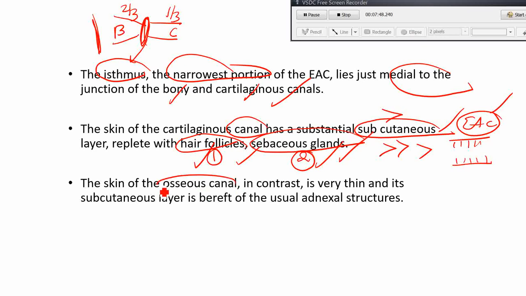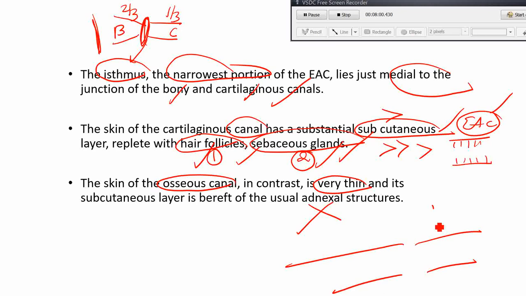The skin of the bony canal is very thin, and the subcutaneous layer is without these adnexal structures. So the cartilaginous EAC is 1/3 and the bony EAC is 2/3. Here there are hairs, and here there are no hairs and the skin is very thin. Here the skin is thick with a lot of adnexal structures.